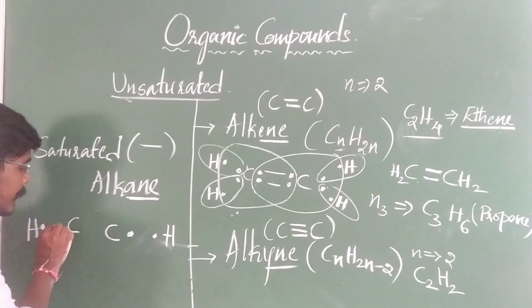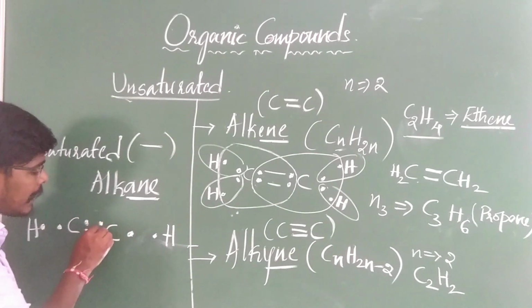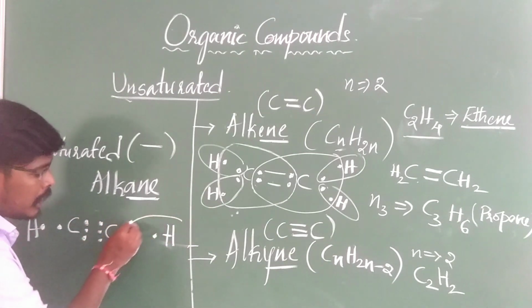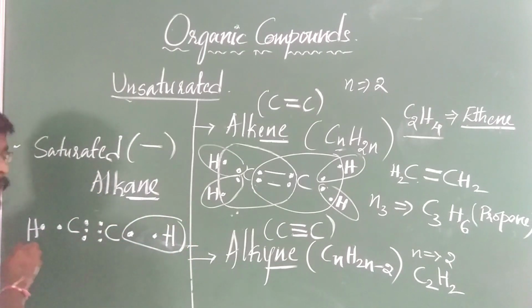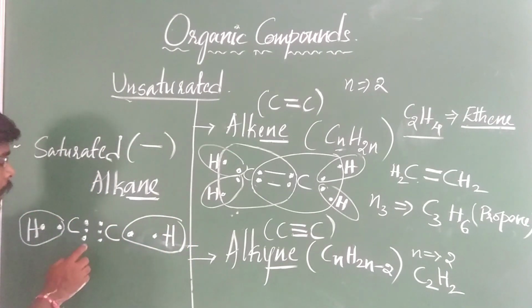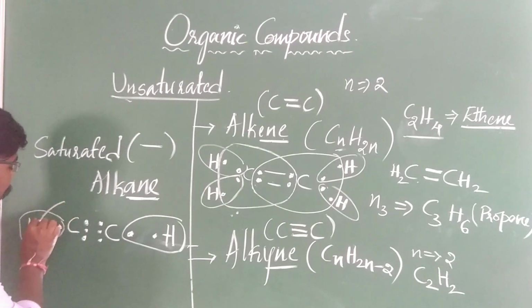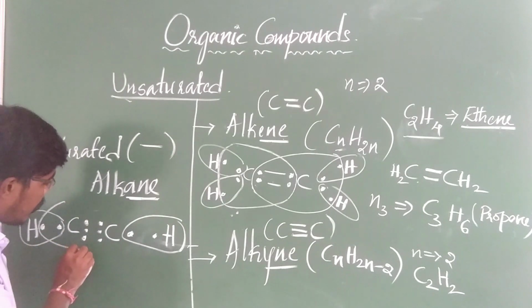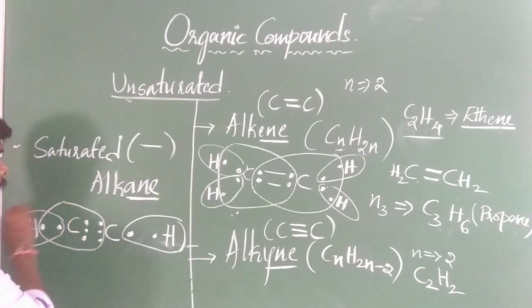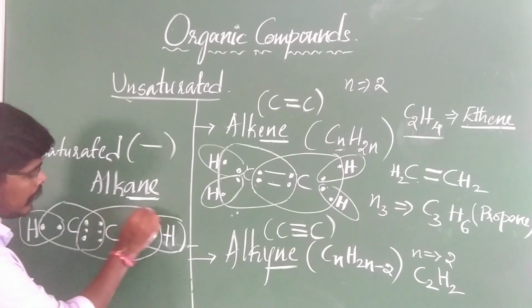For the 2 carbon atoms, here 1 electron and 3 electrons at the left side, and here 3 electrons for the other carbon. So like this we have to show the sharing. Hydrogen got satisfied now. Carbon has 4 electrons to share, so 1 with hydrogen and the other 3 with the other carbon atom.